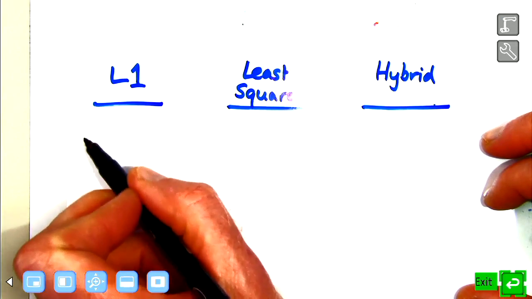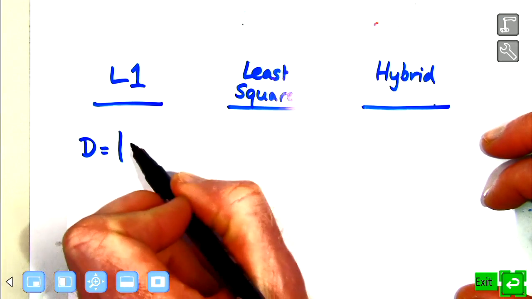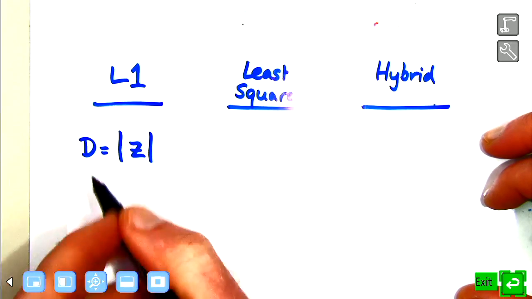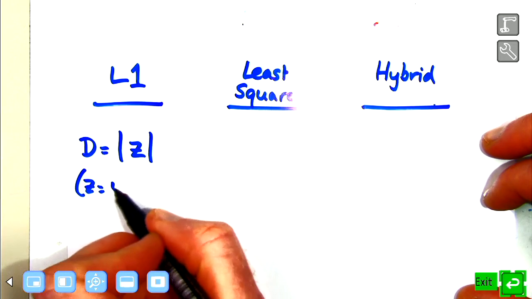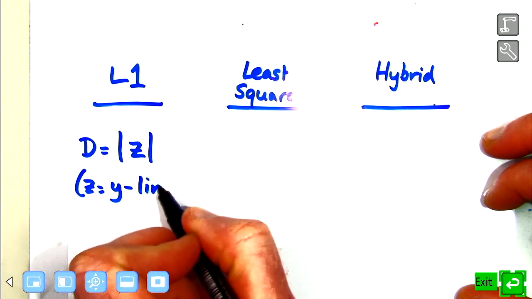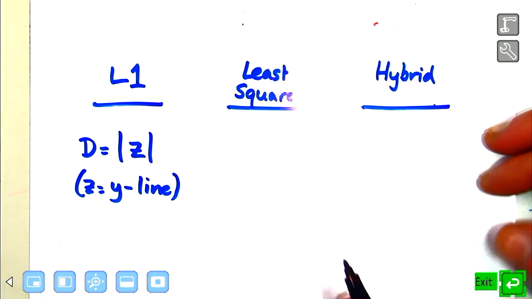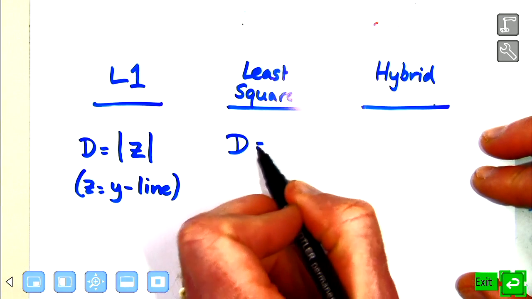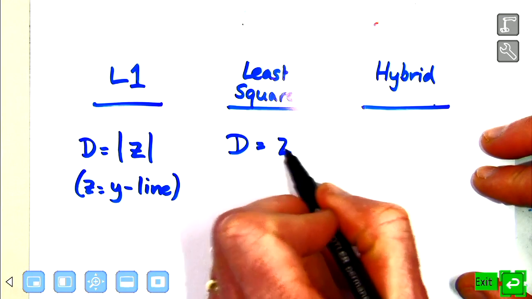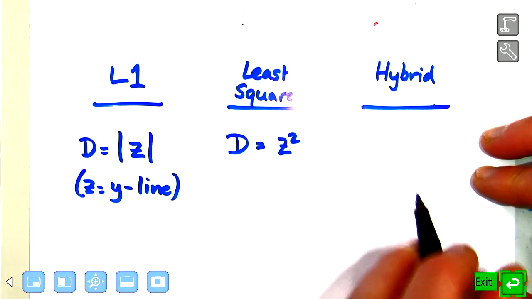So the distance, d, is equal to the absolute value of z, and here we have in mind that z equals y minus whatever the line is. For this one, d is the absolute value of z. For this one, d is equal to z squared.